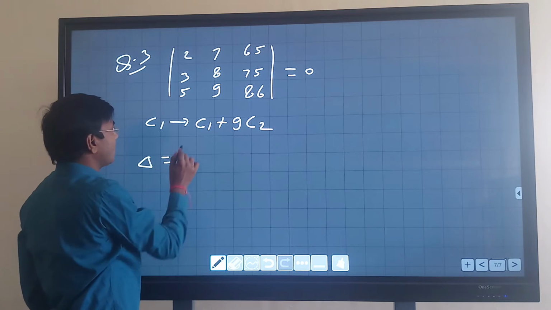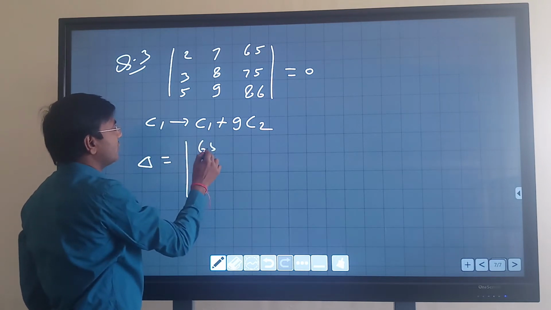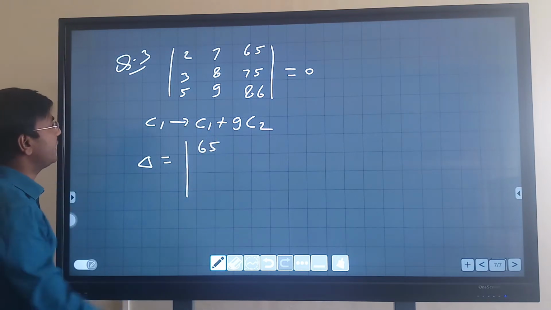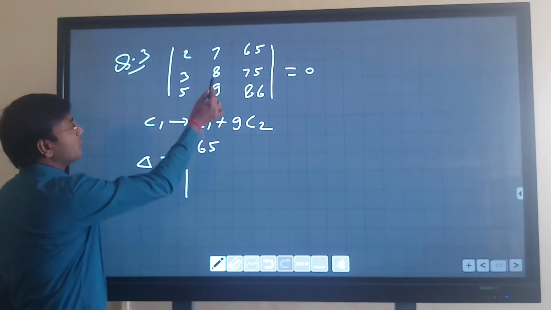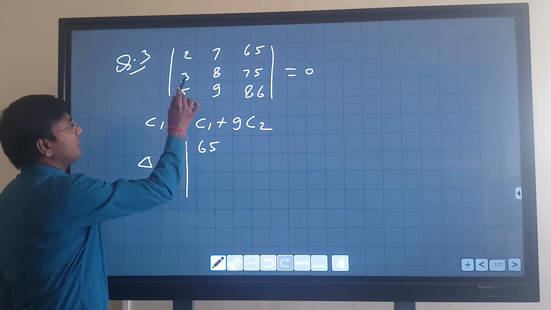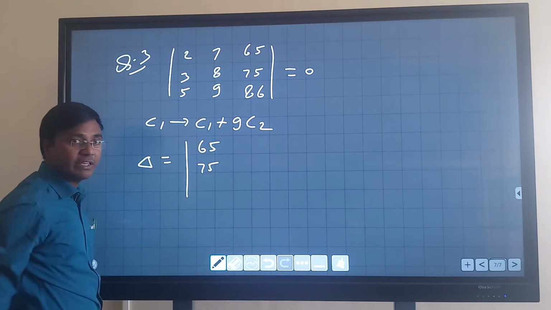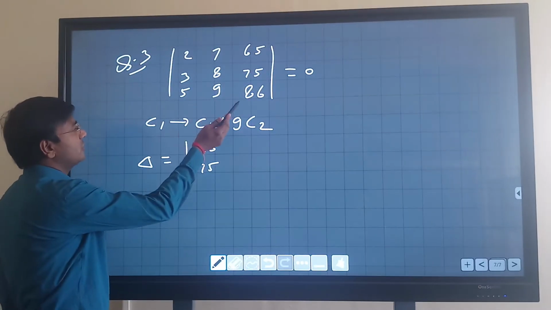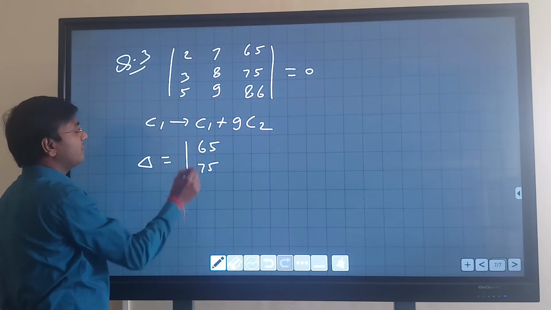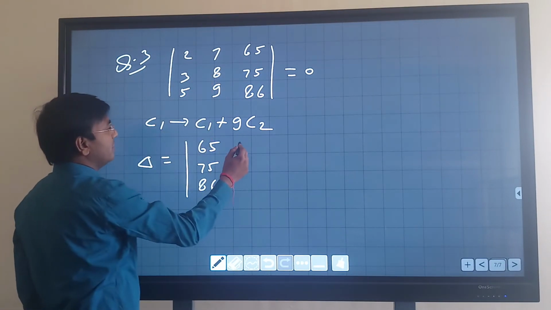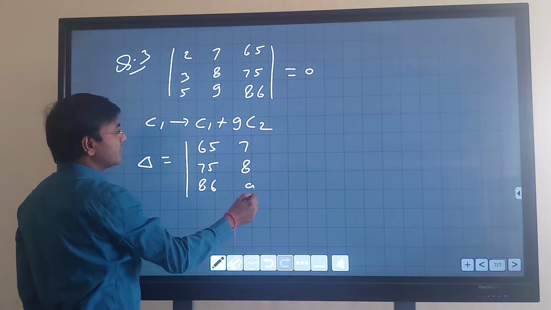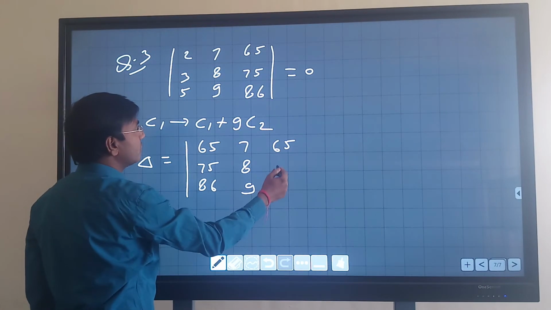So by using this property we will get here 65. Similarly next, 9 into C2 plus 3. So 3 plus 9 into 8, 72, and 3, 75. Similarly next, 9 nines are 81 plus 5, 86, and this column remains as it is, no change.